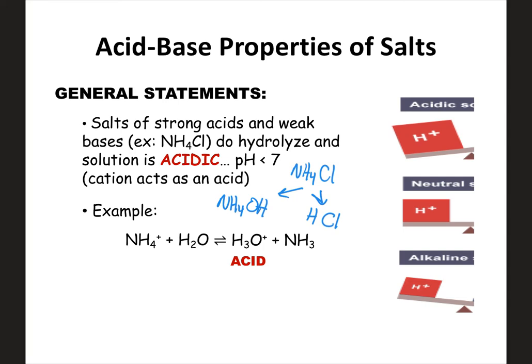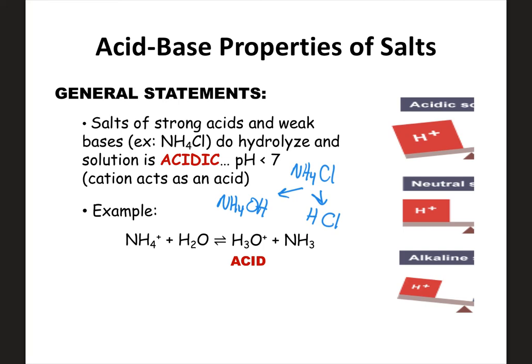Once I know I need to form an acid, in my head I should be saying, okay, I need to generate H+. Because this is an acid, I need to take the plus part of the salt and react it with water to form H+.